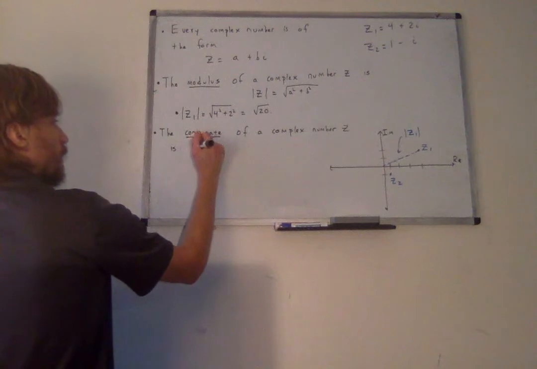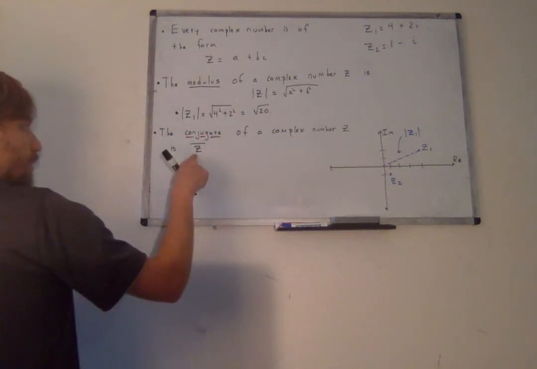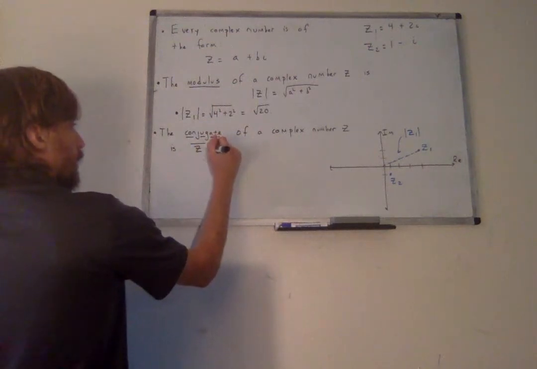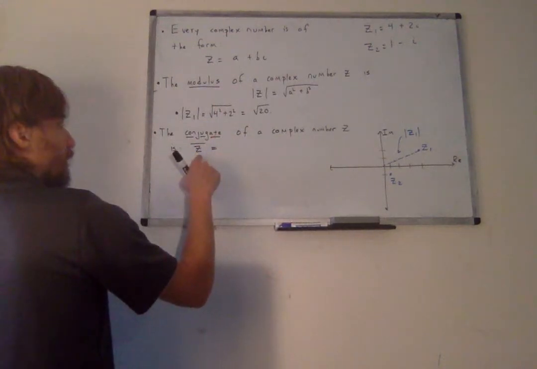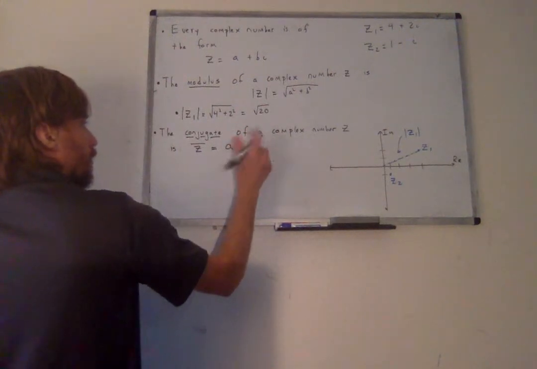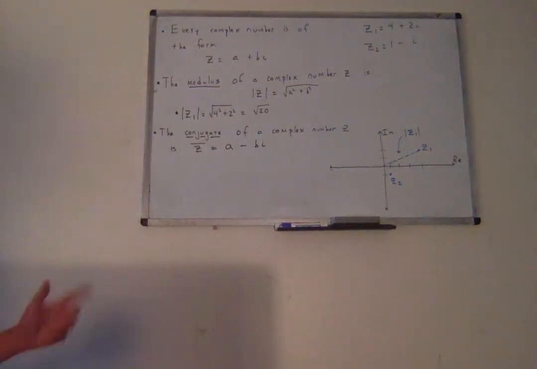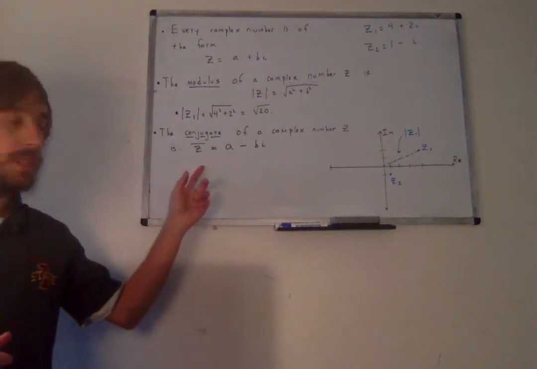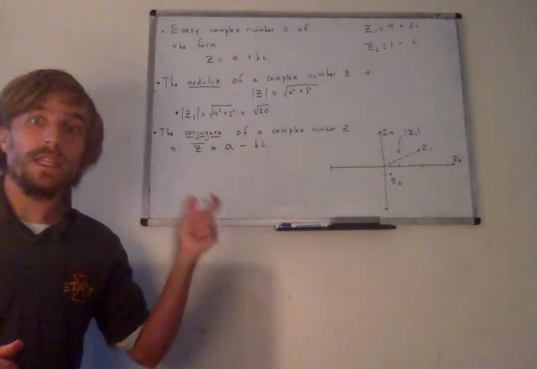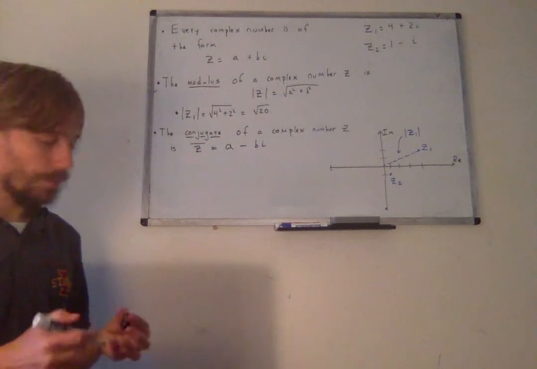We'll usually denote it with this overline notation, so I'll say either the conjugate of z or z bar, and this is just the complex number a minus bi. So all you do to calculate the conjugate is multiply the imaginary part by -1 and leave the real part alone.